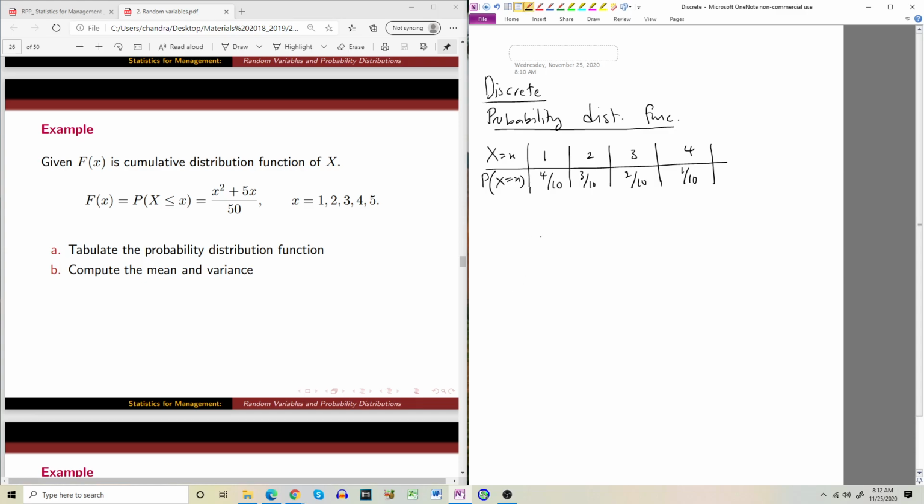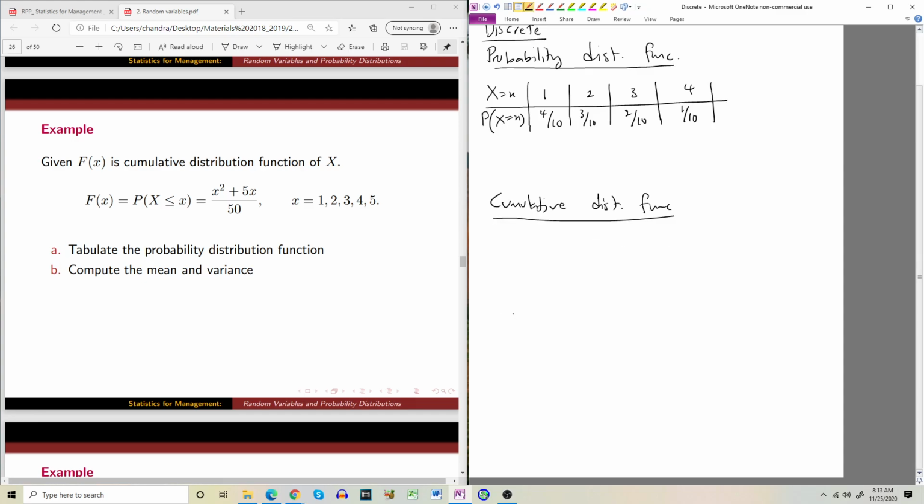Now if I want to find the cumulative distribution function, of course it's a capital F. We normally use capital F. And we will start with 4 over 10, and then what we do, we add.